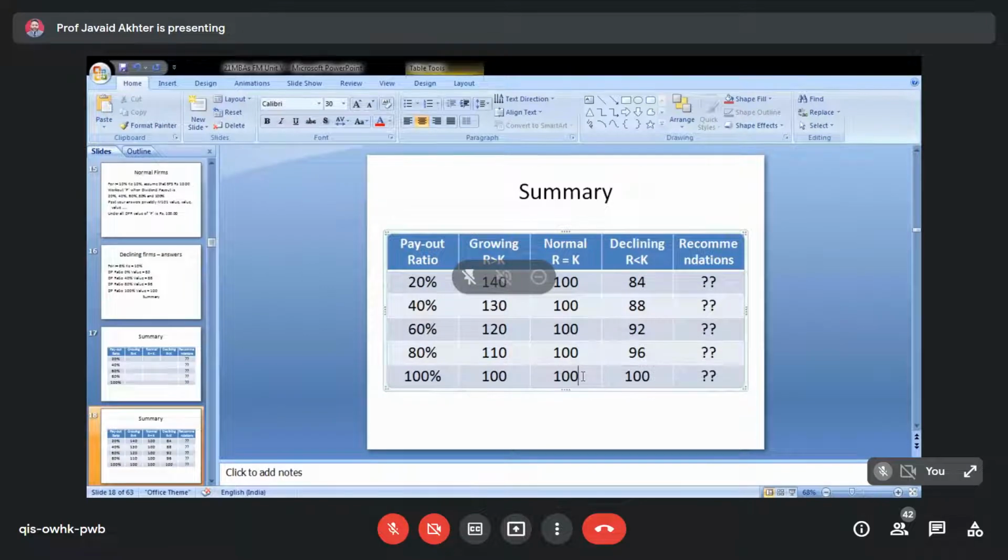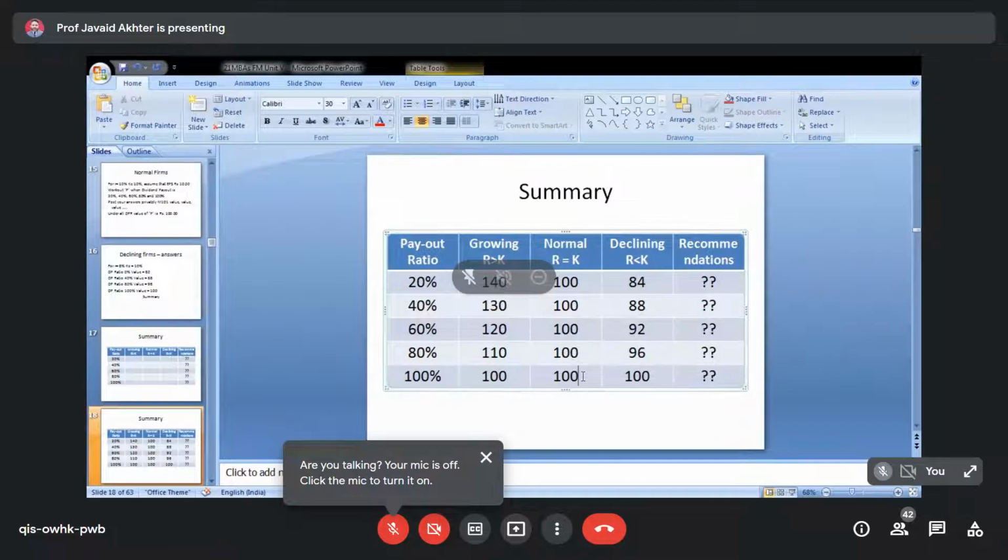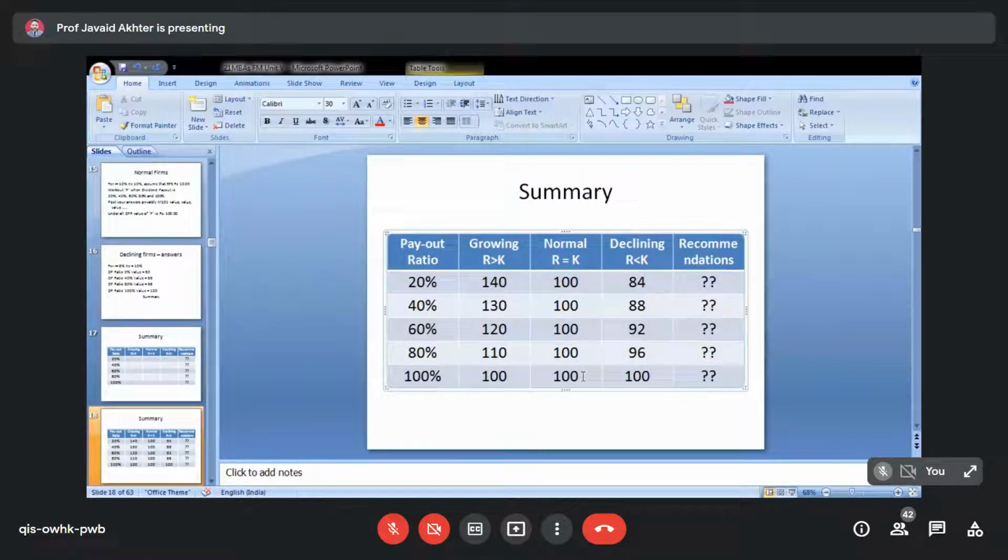Okay. Now, before I move on to the theoretical part of it, one last question. Look at the rate at which the share prices are changing in case of the growing firm. If we go from 100, bottom up, 100, 110, 120, 130, 140.